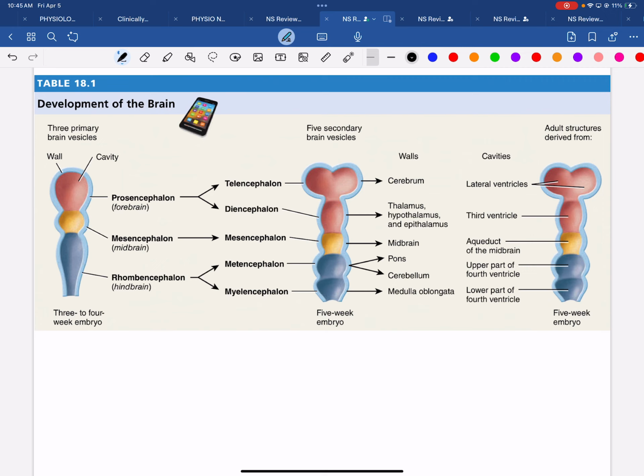That's where they got the word rhombus from, because if you look at the fourth ventricle in its adult state, it looks like a rhombus. If you split it, this part was derived from the metencephalon and this part from the myelencephalon. So I think that's why they named it the rhombencephalon, because it forms the rhombus, which is the fourth ventricle.